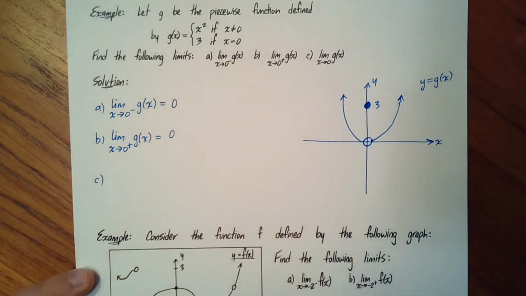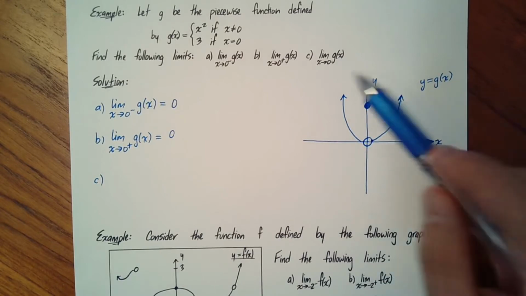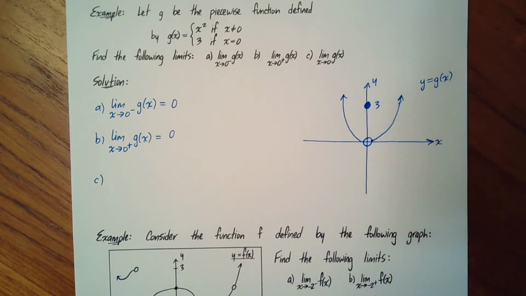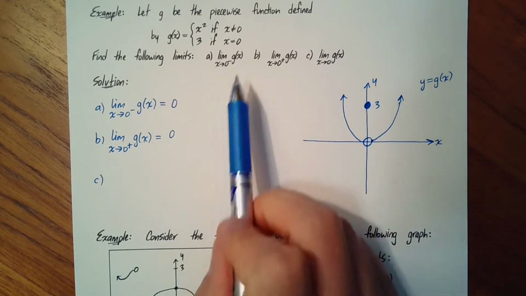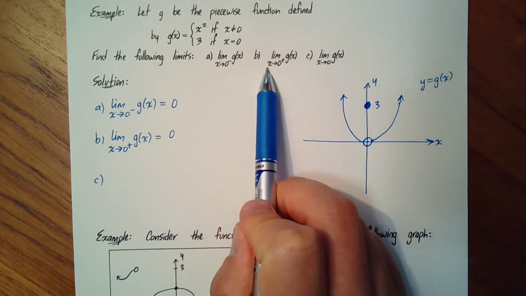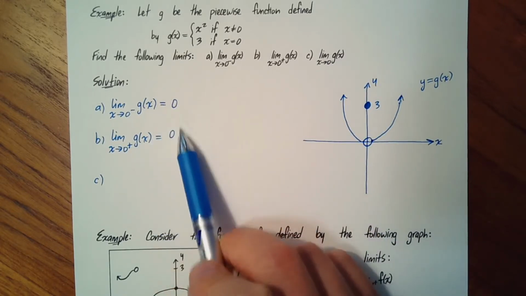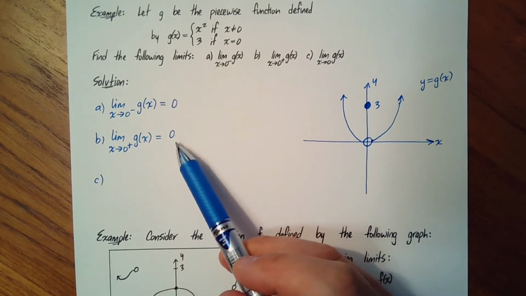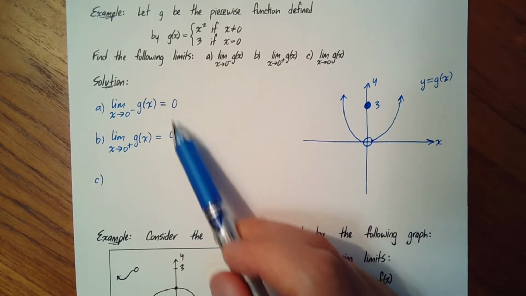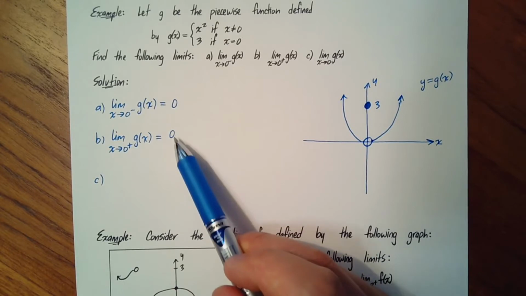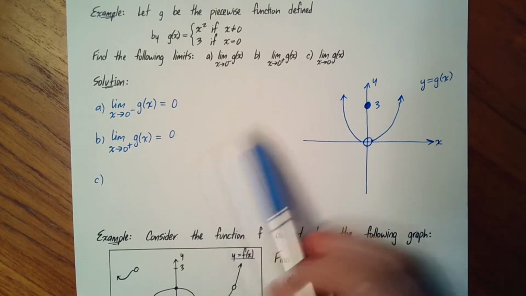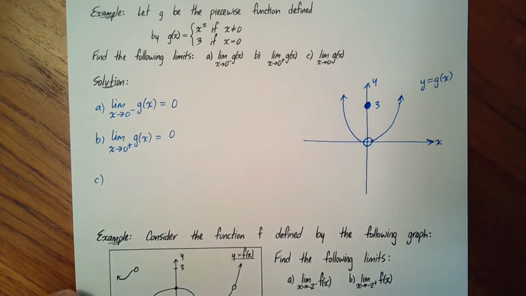Now, for the two-sided limit, if you've already calculated both of the one-sided limits, calculating your two-sided limit is easy. It's going to be one of two things. Either these two limits were equal to the same value or they weren't. And in this case, they were, right? They were both 0. So in this case, when they are equal to some common value, or the two one-sided limits agree, that's another way of saying it, then your two-sided limit is just going to be equal to that same value as well.